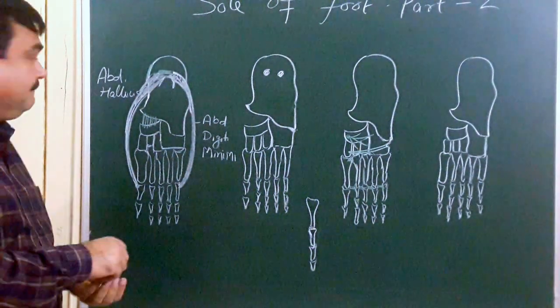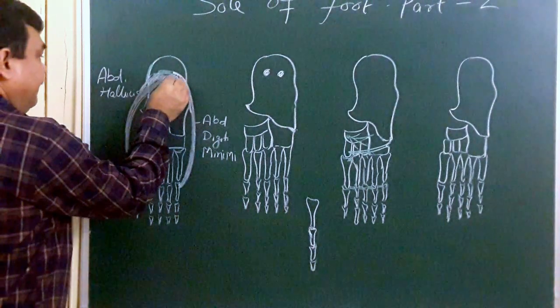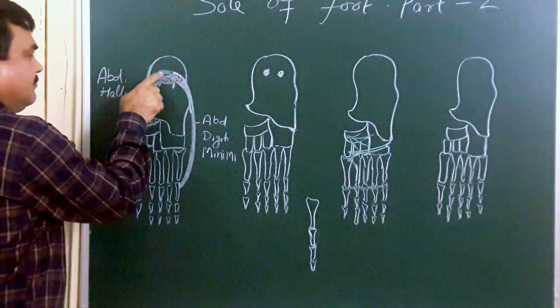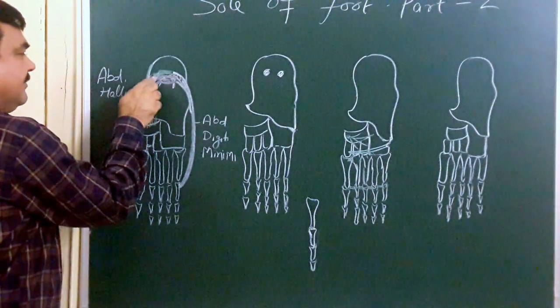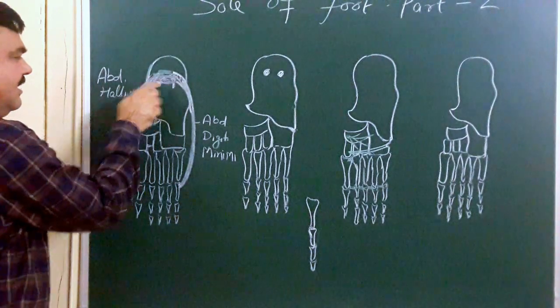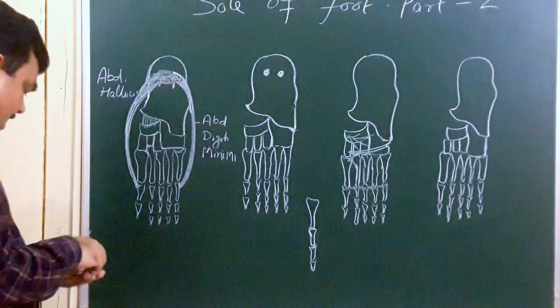Now another muscle takes origin from the plantar aponeurosis, medial tubercle, medial intermuscular septum, and lateral intermuscular septum.